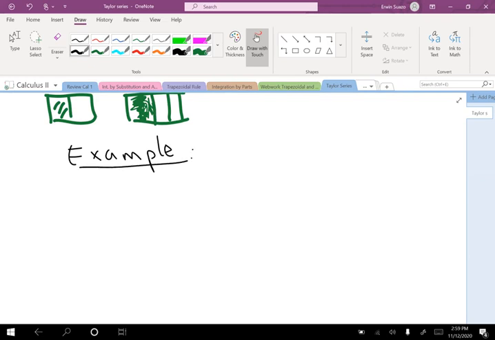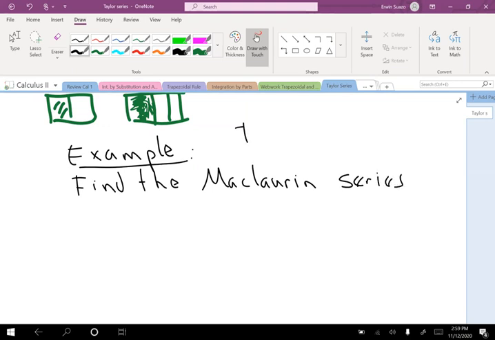I'm going to use the language that people use in the books and in WeBWorK. Find the Maclaurin series. The Maclaurin series is just Taylor with a equals 0.